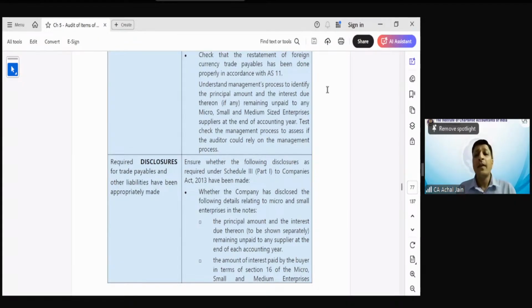Now this again will be a part of process. So the process will have to be there in the company in respect of such classification, and the entity needs to ensure that such process is in place, taking care of all of those requirements in the company. If at all it's found to be missing, if there's any problem in such process, that needs to be taken care of. Yeah, clear on this?